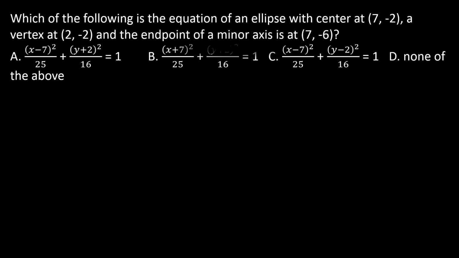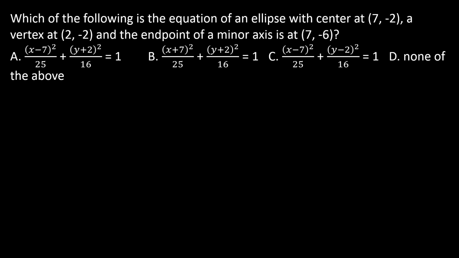Next, which of the following is the equation of an ellipse with center at (7, negative 2), the vertex at point (2, negative 2), and the endpoint of the minor axis at (7, negative 6)? For us to determine which of the two types of equation of an ellipse to use, we have to compare the center to the vertex.